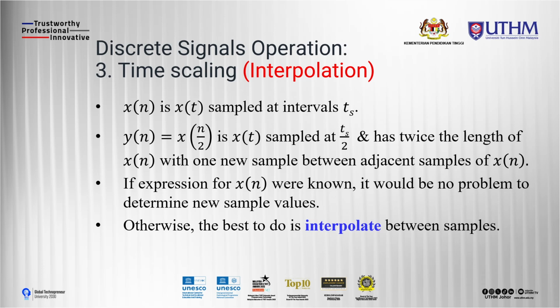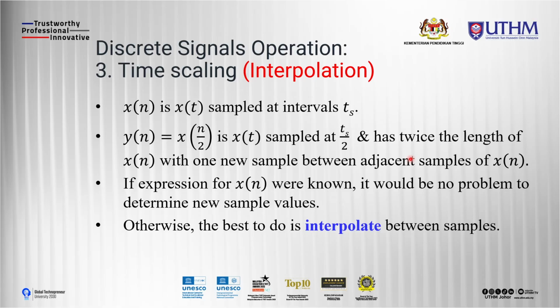For the interpolation of time scaling, still remember x[n] is the continuous signal x(t) sampled at every Ts. Now consider y[n] equal to x[n/2]. This means that we are sampling x(t) at a smaller interval, Ts over 2. As a result, the signal has twice the number of samples.